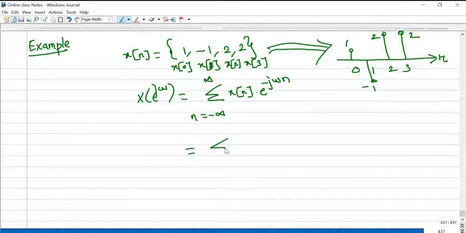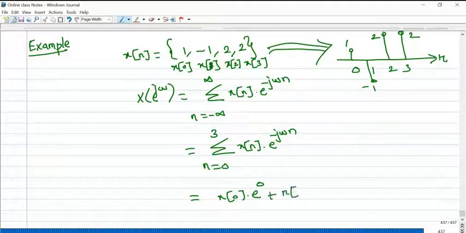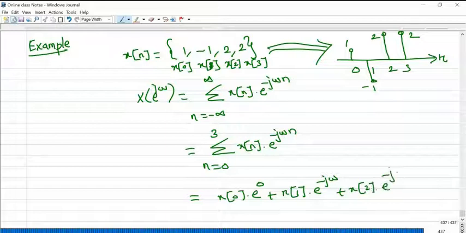Now your summation changes from n equal to 0 to 3, because 0, 1, 2, 3. Summation of x of n e power minus j omega n: x of 0 e power 0, x of 1 e power minus j omega, x of 2 e power minus j 2 omega, plus x of 3 e power minus 3j omega.